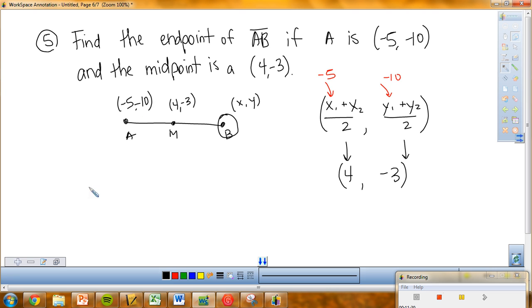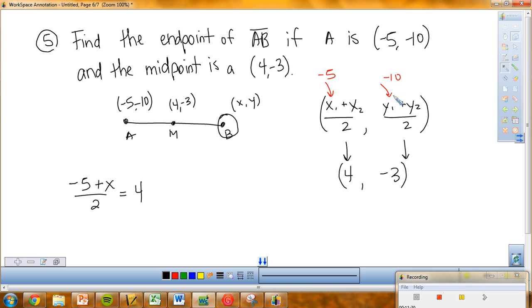So I know my first x, -5, plus whatever this thing is, -5 plus x divided by 2, that average of these two x's has to give me 4. So if I average the two x's and divide by 2, I should get what they're telling me my midpoint is. Same thing with the y.